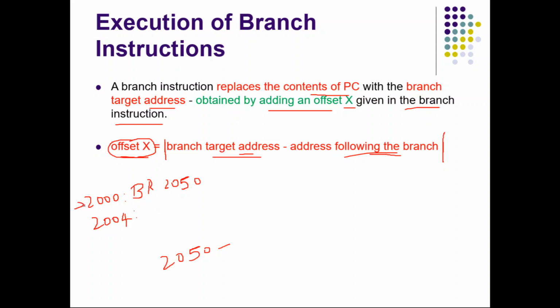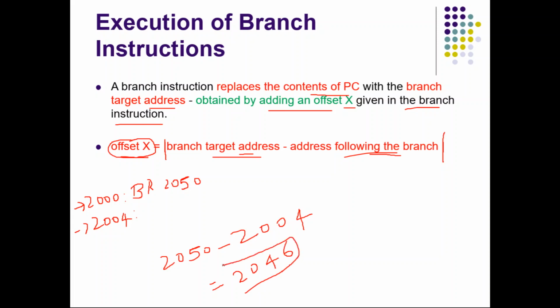This is the branch instruction, and the address that follows it is 2004. So 2050 minus 2004 is what?